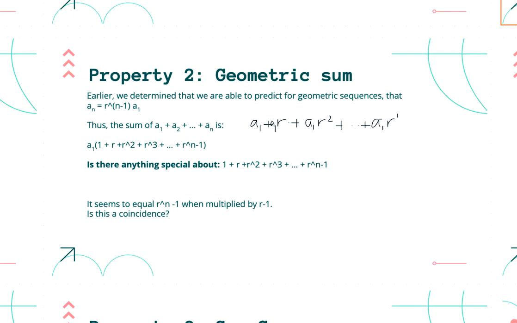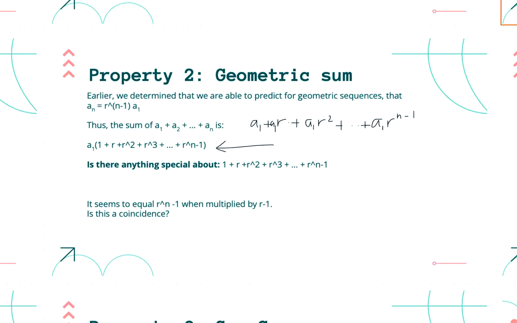So this is supposing that we have n terms in the sequence, right? So let's think of a way that we can make a nice general form, because this is quite ugly to add up, right? You have to compute every single term and then add it up manually, and that takes a really long time. So the first step that we can do is factor out the a1, which is what we've done here.